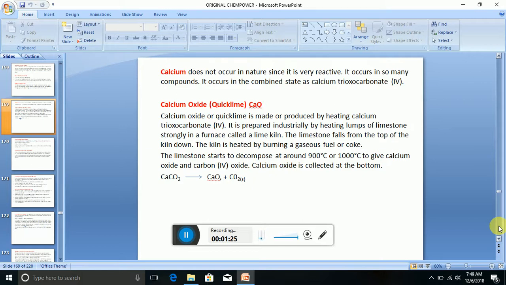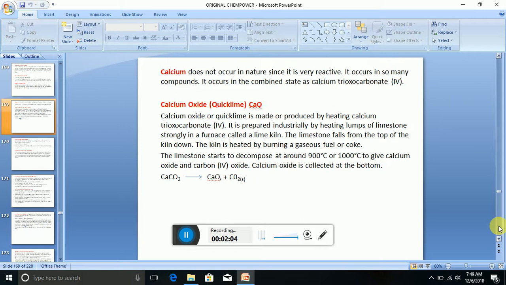Let's look at some of the compounds of calcium, starting with calcium oxide, also known as quicklime, with the formula CaO. Calcium oxide or quicklime is produced by heating calcium trioxocarbonate(IV). It is prepared industrially by heating lumps of limestone strongly in a furnace called a lime kiln. The limestone falls from the top of the kiln down.